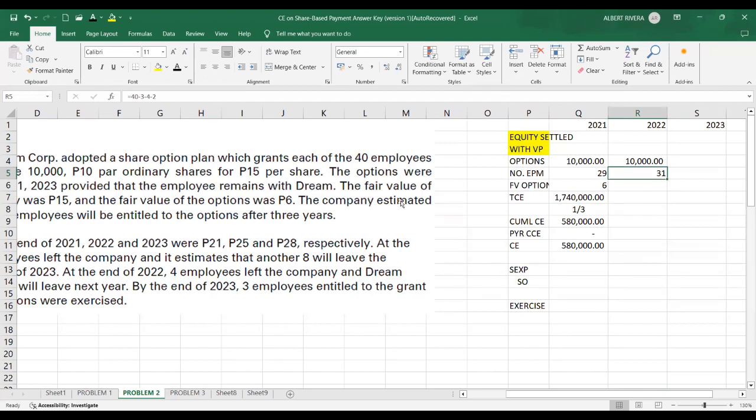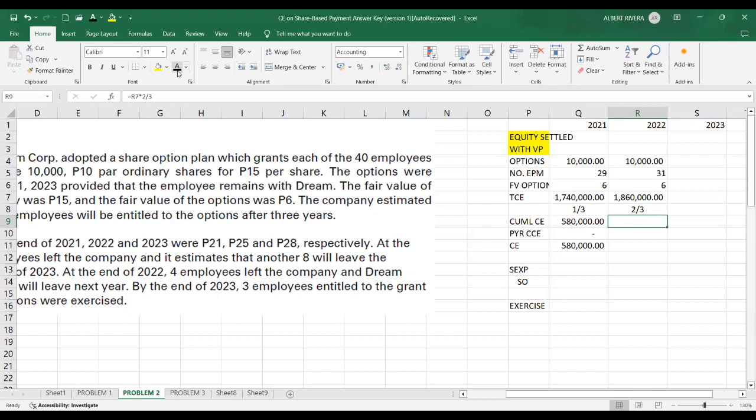So 10,000 times 31 times the fair value of the option at the date of grant, which is 6. This is now the total compensation expense, times the cumulative number of periods performed by the employees who are still with the company, and that is 2 years, from 2021 to 2022, divided by the vesting period of 3 years.